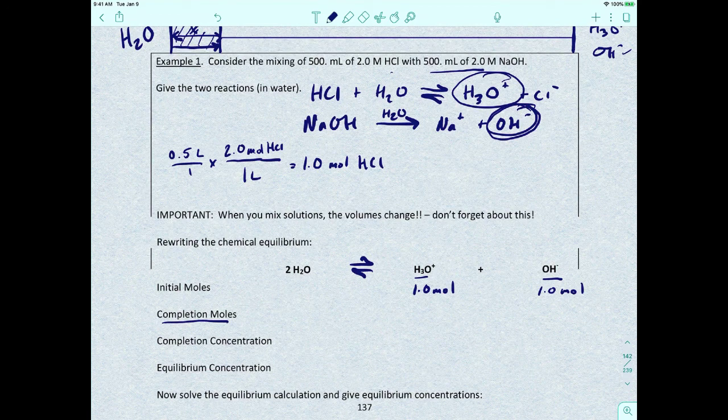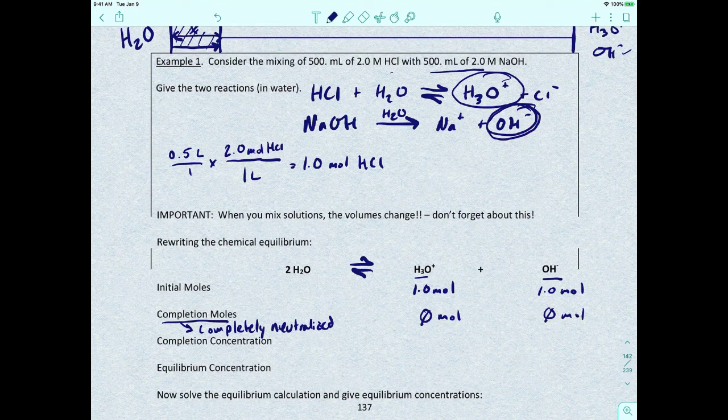So what I mean by completion moles, think of it this way. This is going to be if you've completely neutralized the acid or the base, whichever you're dealing with, whichever is the stronger. Okay. So you've completely neutralized them. So that means when you completely neutralize the acid, you should have no moles of it left, and the base should be no moles either.